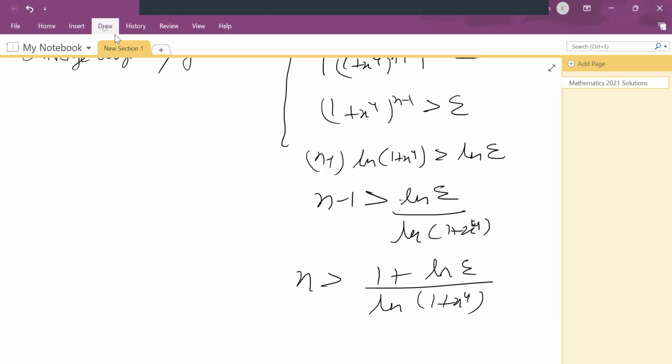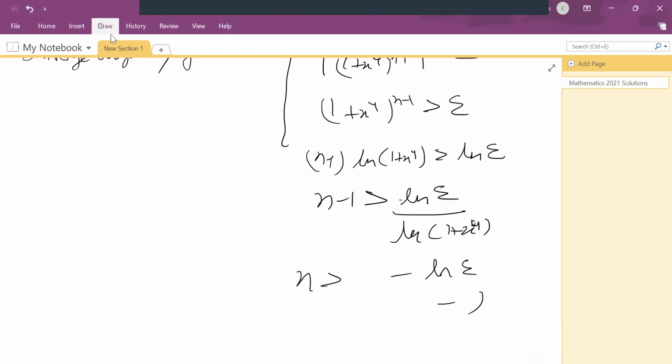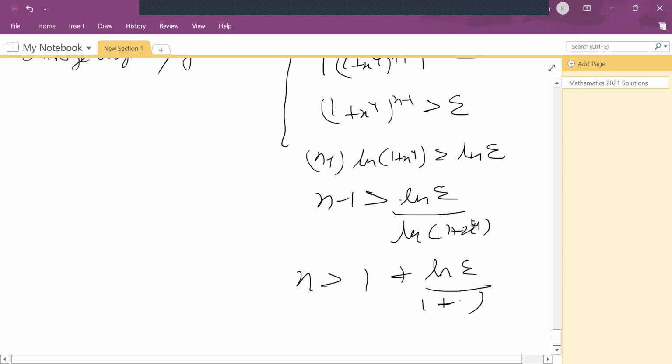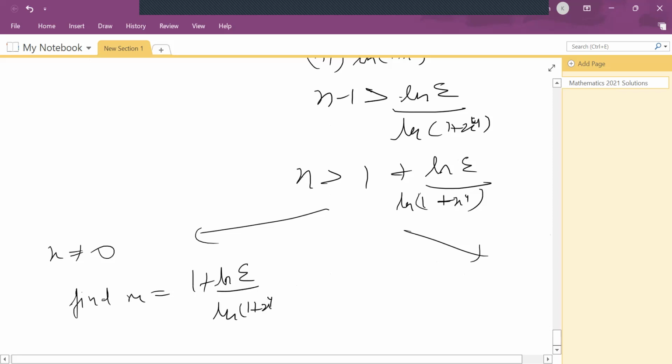Okay, 1 plus ln(1/epsilon) upon ln(1 plus x to the power 4). Okay, the 1 is separate. Now, there are two cases here. If x is not equal to 0, then you can find m equal to 1 plus ln(1/epsilon) upon ln(1 plus x to the power 4).